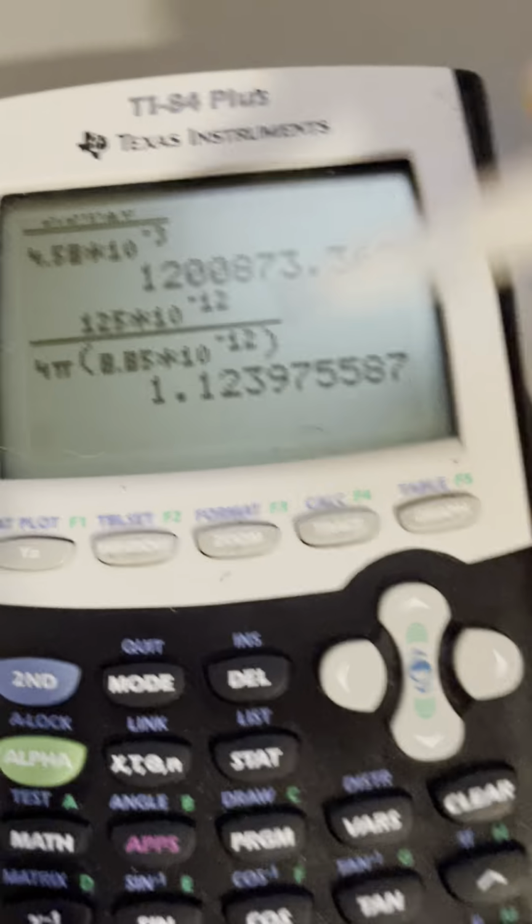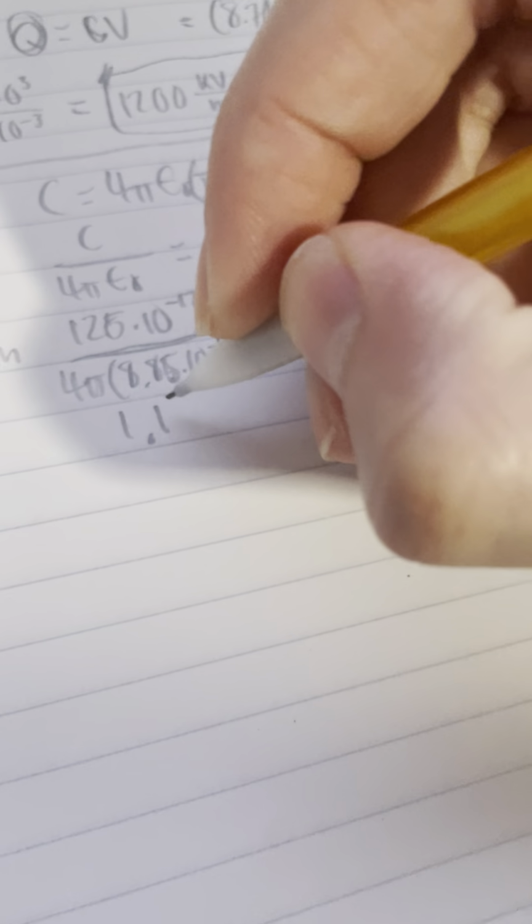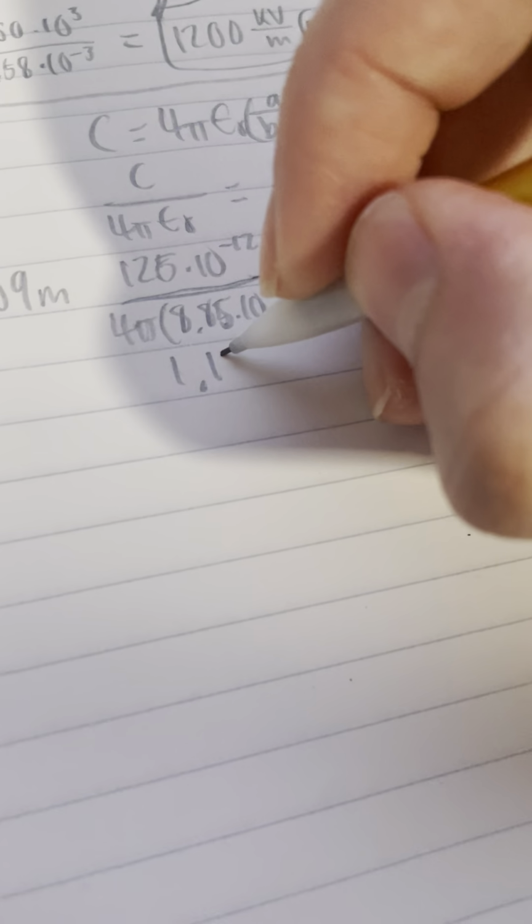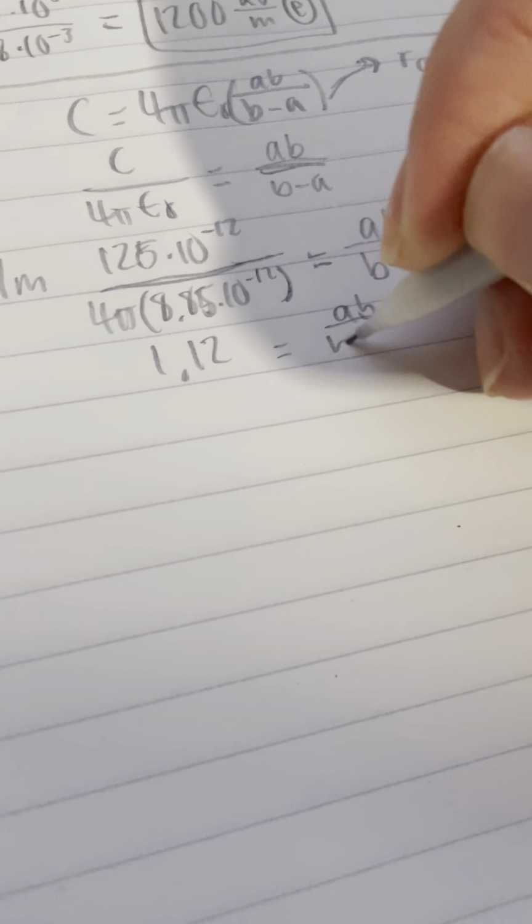And then just round that off to 3. Let's do 1.12 equals AB divided by B minus A.